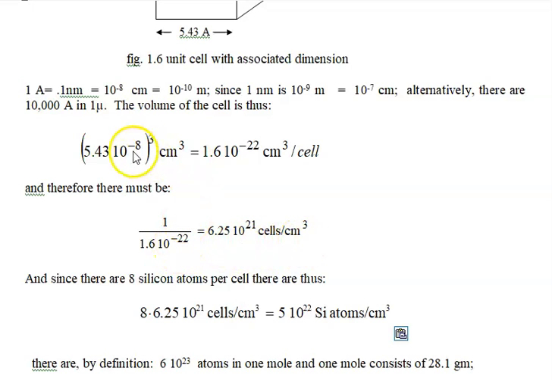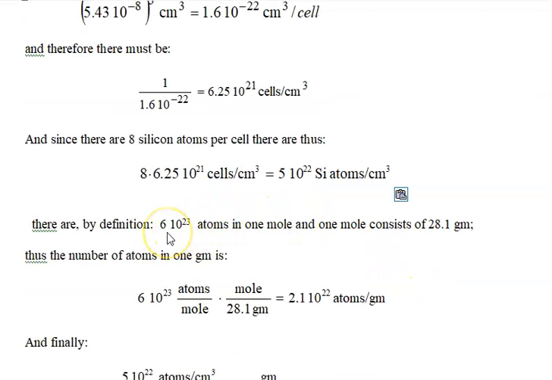That's the flip of cubic centimeters per cell. Now, since there are 8 silicon atoms per cell, this should be atoms per cell. Cells cancel out. We get atoms per cubic centimeter. There are 5 times 10 to 22 silicon atoms per cubic centimeter. And that's actually a fairly big deal.